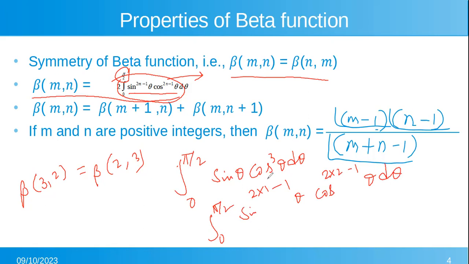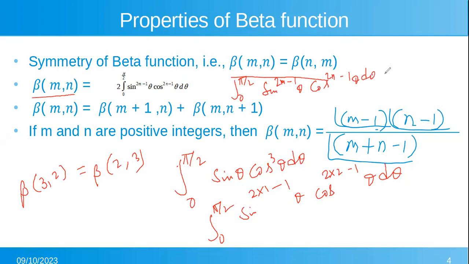Now the given property is beta m n equal to twice of this integration. So from here we can write integration 0 to pi by 2 sine to the power 2m minus 1 theta, and cos to the power 2n minus 1 theta d theta equal to half of beta m n.